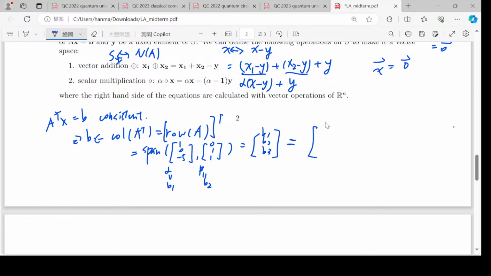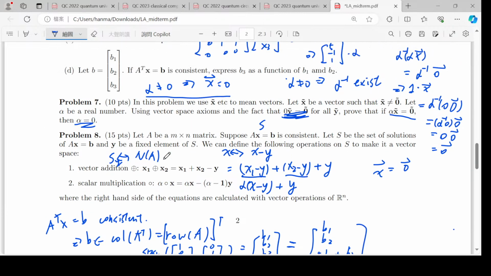So this should be equal to b1, b2, minus 5 b1 plus 1 b2. So you see that b3 is minus 5 b1 plus b2.